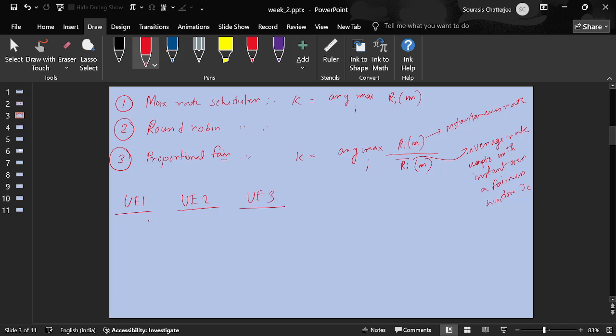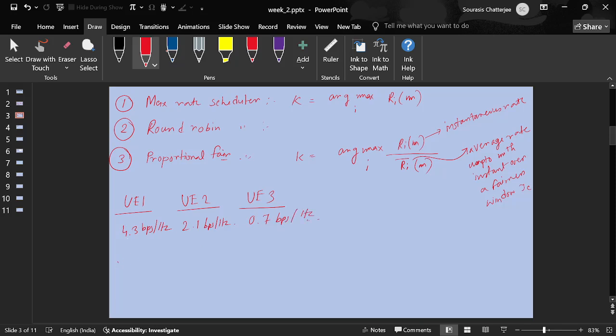User 1 has an instantaneous rate of, let's say, 4.3 bps per hertz. User 2 has 2.1 bps per hertz, and user 3 is observing, let's say, 0.7 bps per hertz.